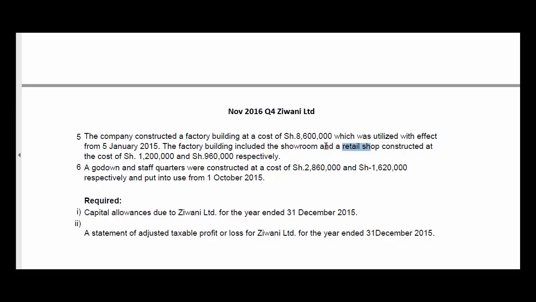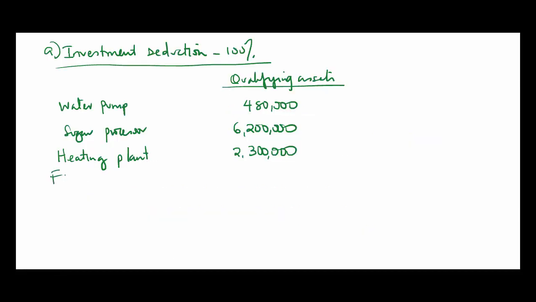Now this showroom and retail shop should not be included. So for the factory building, we are going to take the 8.6 million and then we less this 1.2 and the 960,000, which basically gives you 6.4.